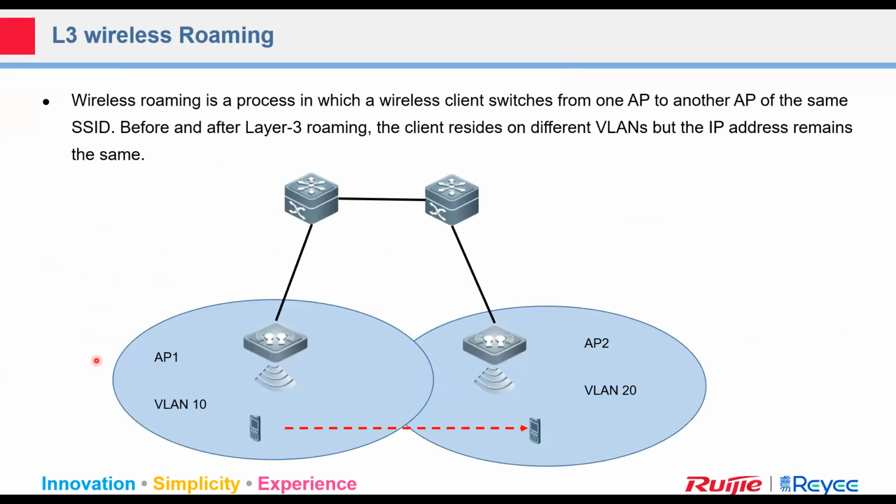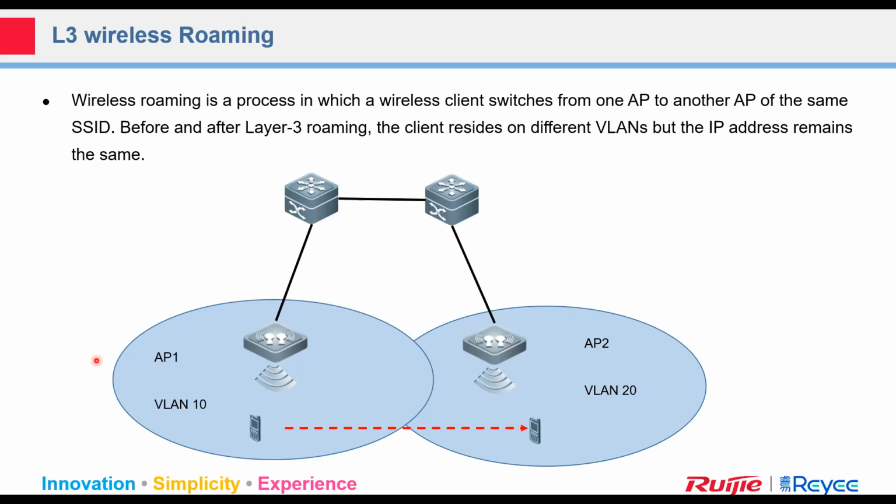Next, we talk about wireless level 3, L3 wireless roaming. So L3 wireless roaming is a process where a wireless client switches from one AP to another AP with the same SSID.